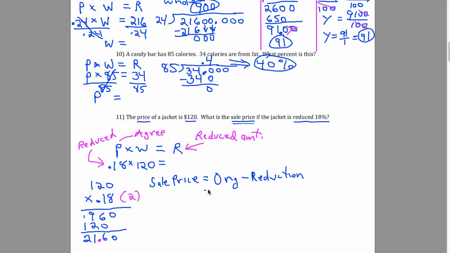So we'll substitute the original price of 120 minus our reduction, and that will give us the sale price.